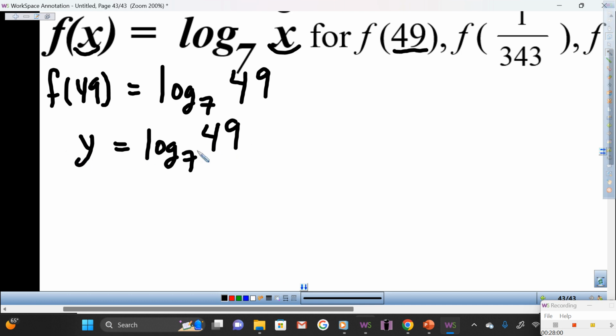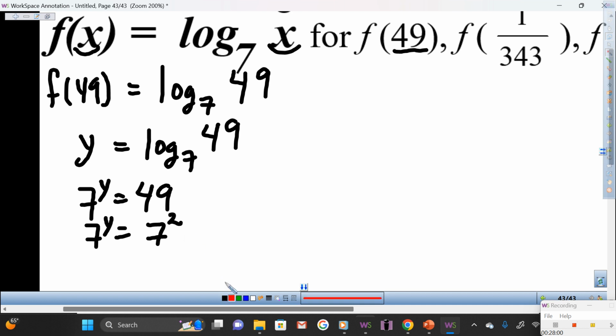Tell your neighbor, please. What would you write as an exponential? Yeah, 7 to the power of y equals 49. And now, same base: 7 to the y equals 7 to the what to give me 49? 7 to the what? 2.